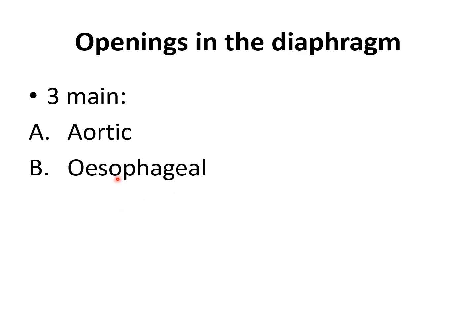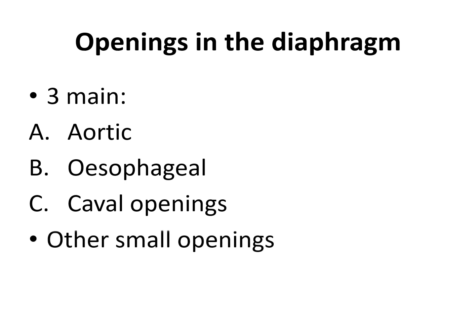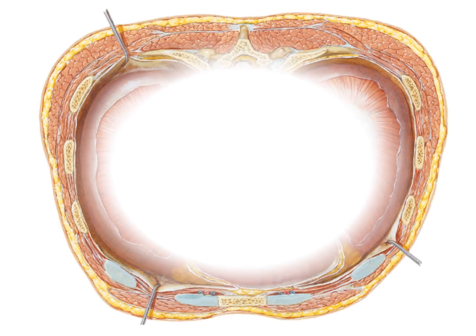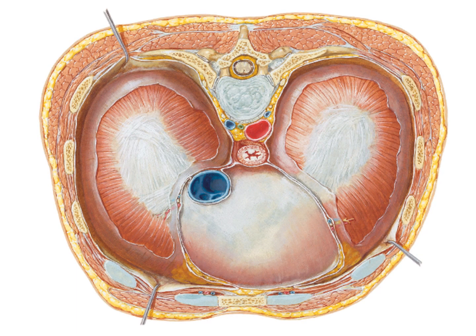We have an esophageal opening, which is for the esophagus with arteries and veins, and we have a caval opening for the inferior vena cava and the right phrenic nerve. We have other small openings, but they are not so important. The important ones are the three.